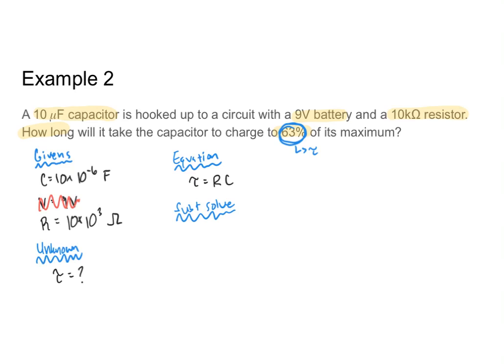So substituting and solving, tau is equal to my resistance, 10 times 10 to the 3rd, times my capacitance, which is 10 times 10 to the negative 6th. When I solve that out, I get that tau is equal to 0.1 seconds. And there you go, I have solved example 2 for you.